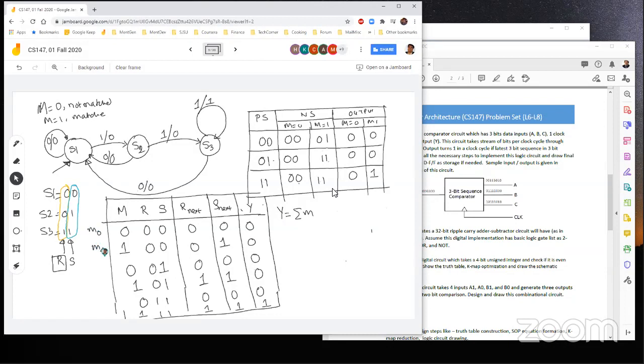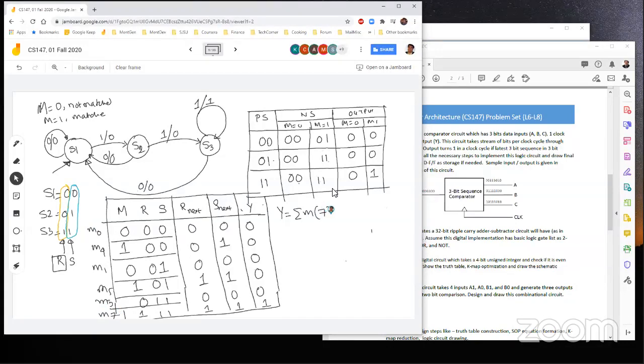I'm just looking at this combination of values. This is m1. This one is m5. This one is m3. And this one is m7.